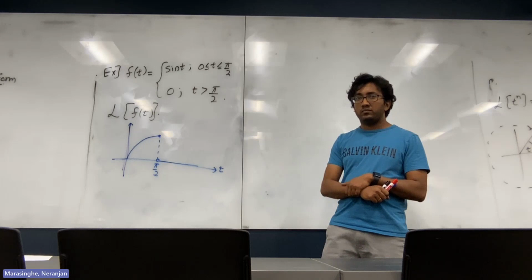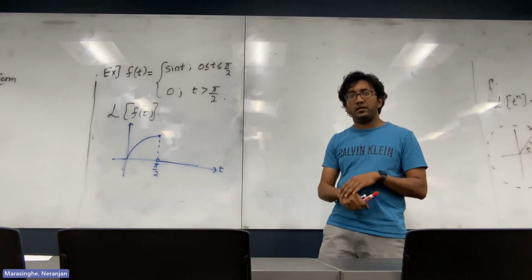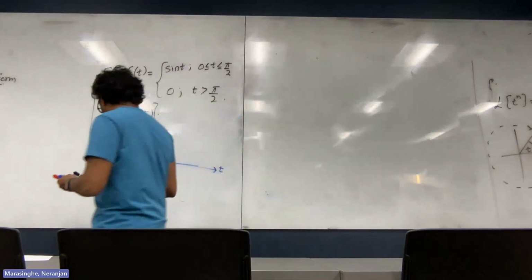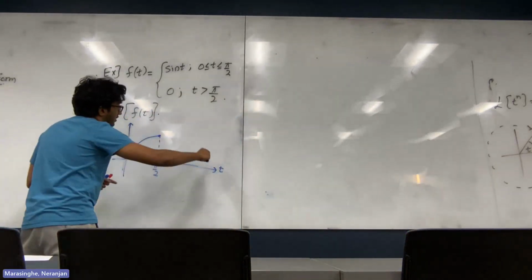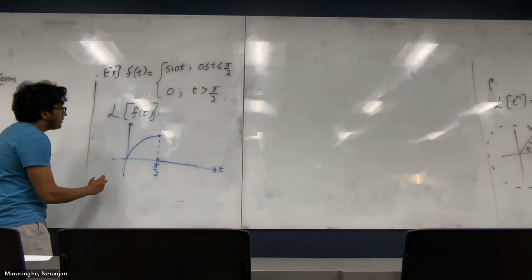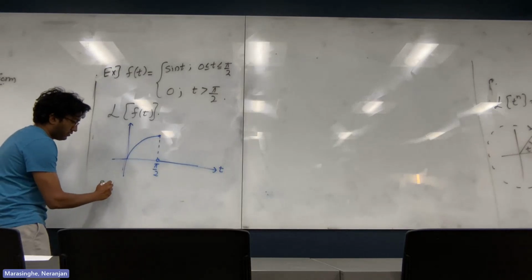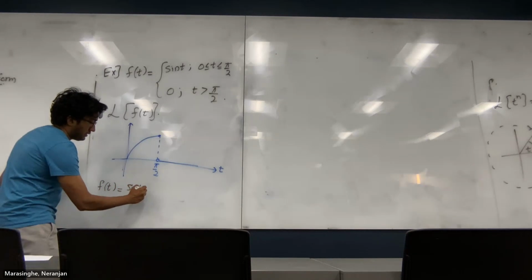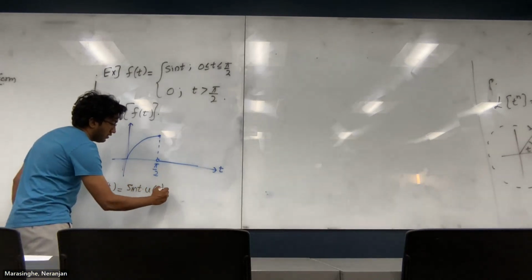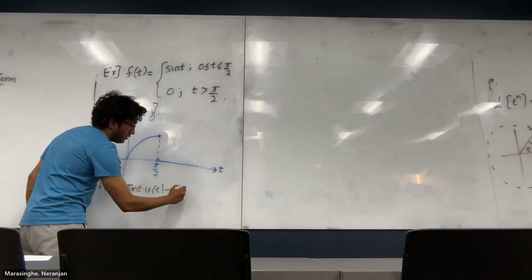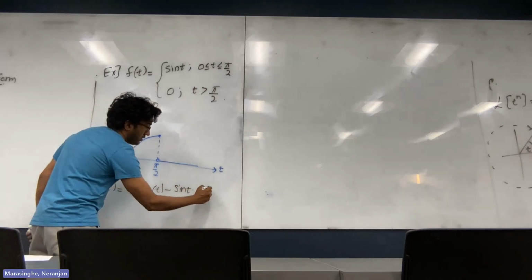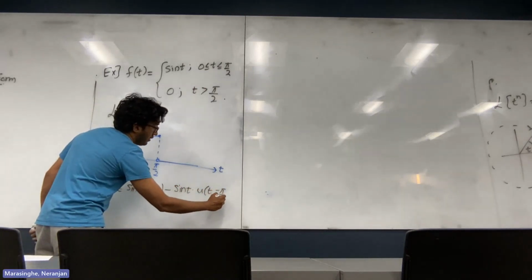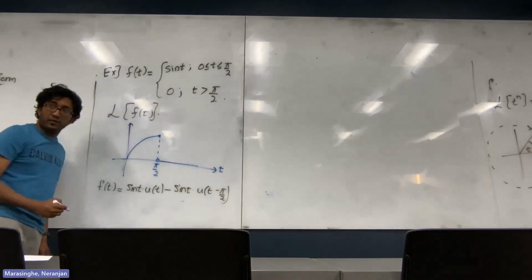sin t times u(t) minus sin t times u(t minus pi over 2).